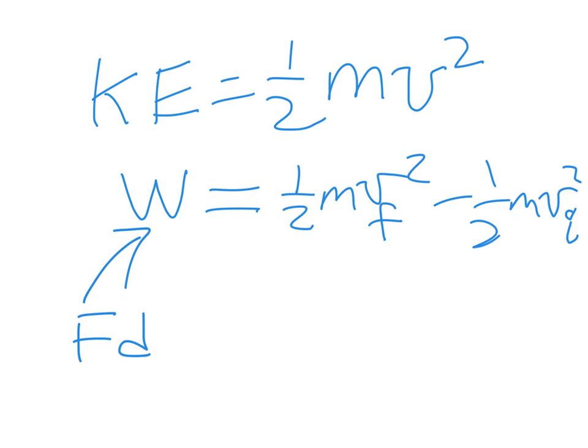And when I pull on something, I'm going to start it moving and have it speed up, so I'm going to be changing its velocity, and from that I can calculate the kinetic energy that it starts with, which is very often 0. If the thing isn't moving when it starts, the velocity is 0, so the energy is 0. And then I calculate the final velocity and the final kinetic energy, and from that I can calculate this change.